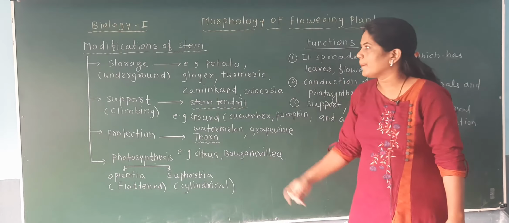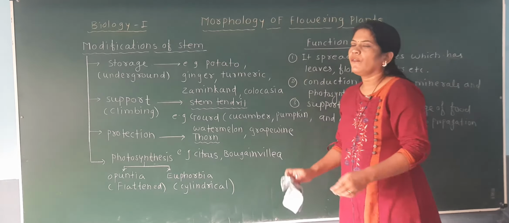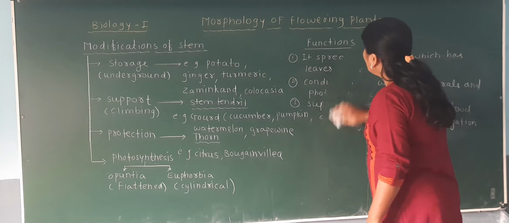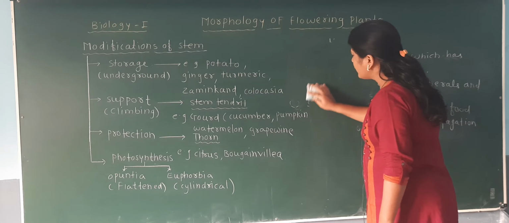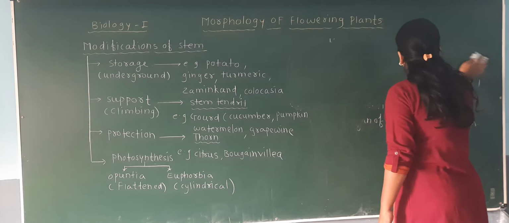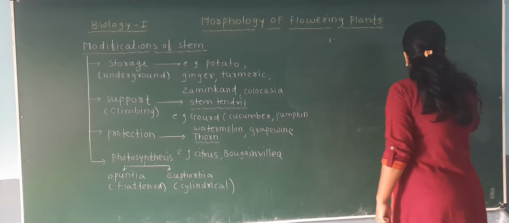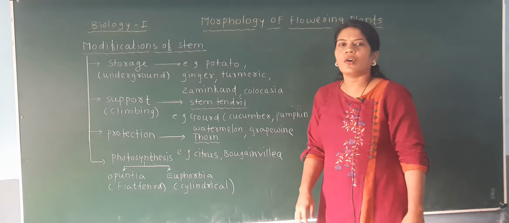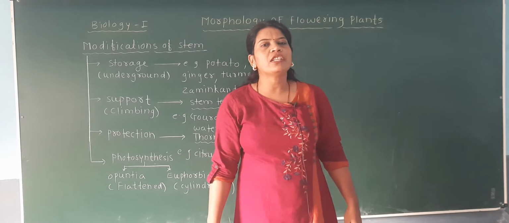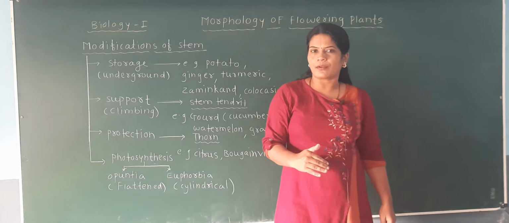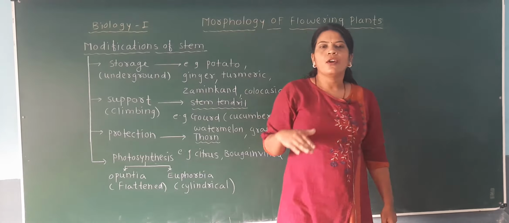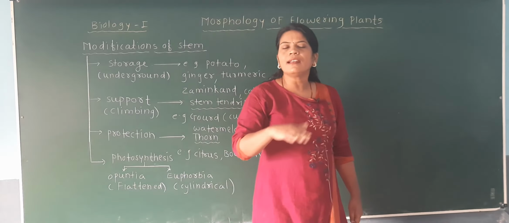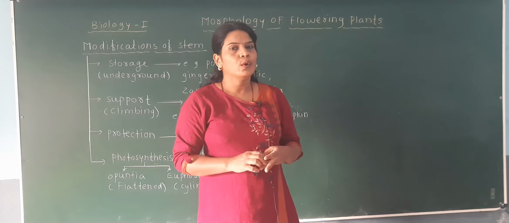Okay, so now focus on this chart where the name given is modification of the stem. So students, I have just said that the stem is not always present on the ground, because in our first lecture we have seen that in the majority of plants, the aerial part or the above-the-ground part of the plant we call a stem, and the underground part of the plant we call a root.